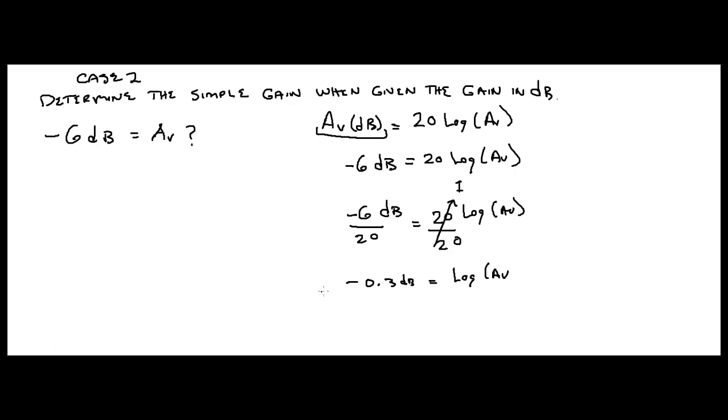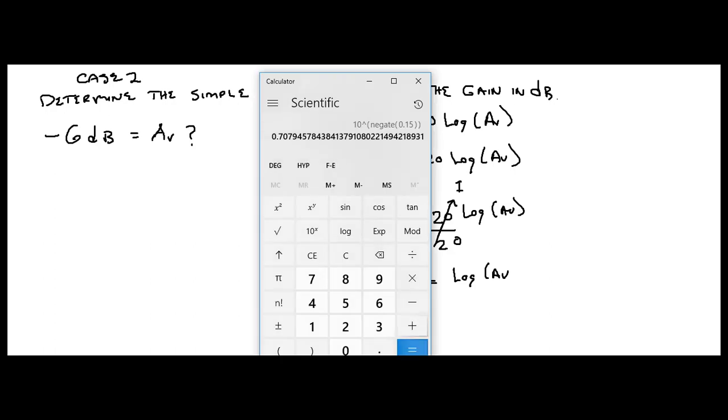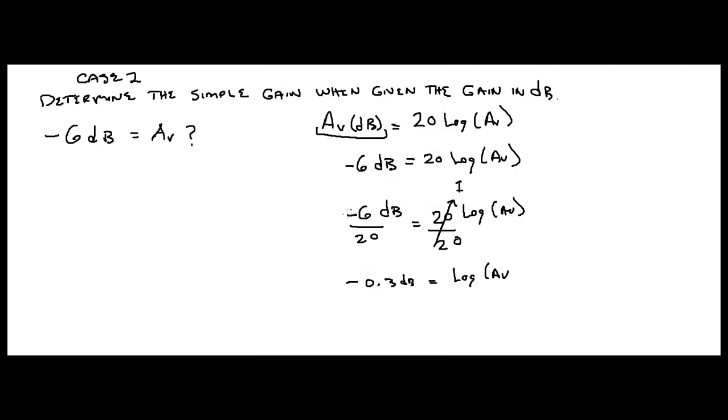That's why I knew it was 0.3. You can also use your calculator here, right? We can just clear it. We can take 6 divided by 20. It's equal to 0.3, all right? We have to remember to bring the negative sign down with it.